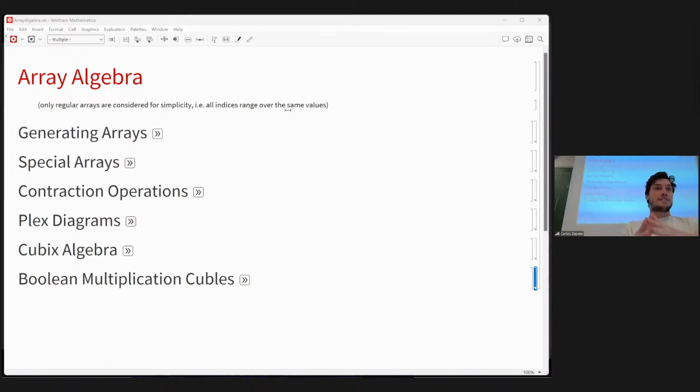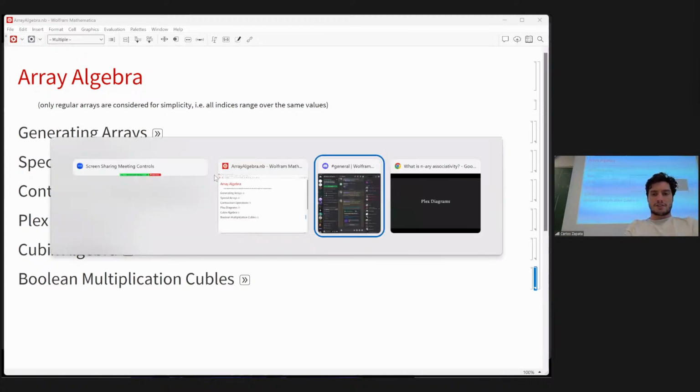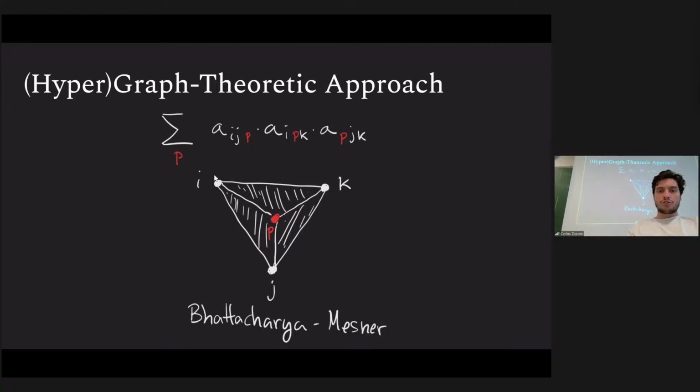In this case, for simplicity, we're going to look at just cubic, square, always what we call regular, so n by n by n by n. But of course, many of these need not be regular, because if you look at these diagrams, all you require is that the indices that are incident, where each triangle is incident, have the same dimension. But they can all be different among each other.